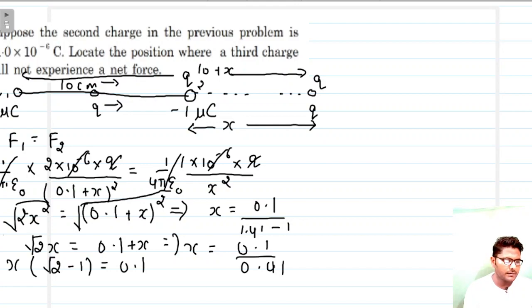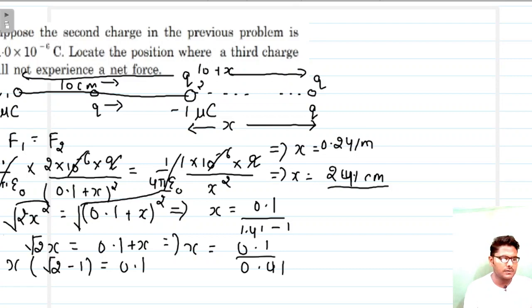As you divide this, you will get the answer x is equal to 0.241 meters. And when you convert this into centimeters, you will get x is equal to 24.1 centimeters. Okay. So let us move on to the next question.